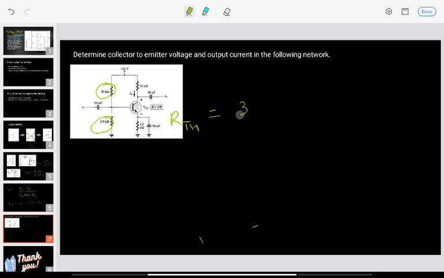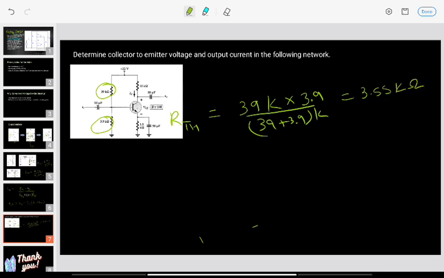So we will get 39k into 3.9 divided by 39 plus 3.9 kilo ohms, and this comes out to be about 3.55 kilo ohms. And similarly, ETH will be VCC into R2 by R1 plus R2. If you calculate that, you will get about 2 volts.